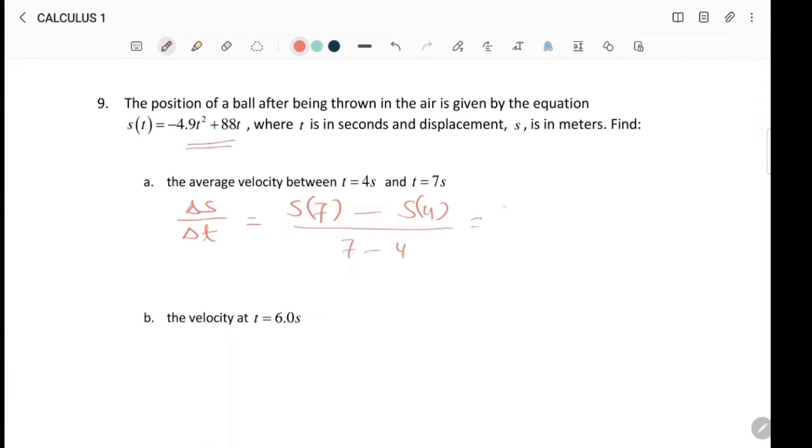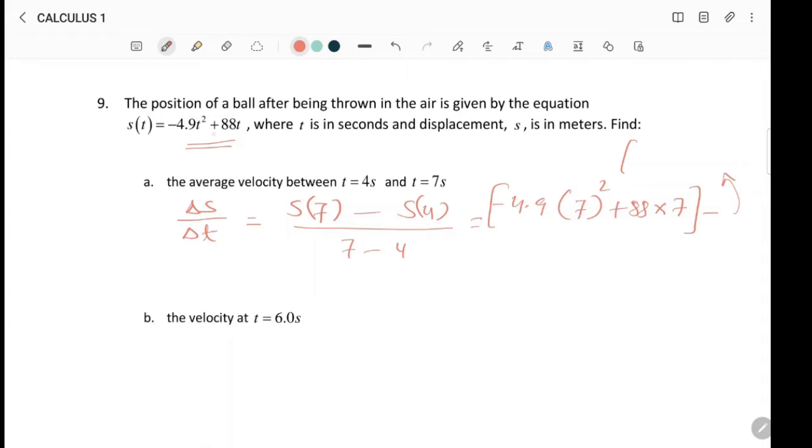For S7, put 7 in this. So minus 4.9 times 7 squared plus 88 times 7. Okay, this is S7 minus, I don't have space, so I'm writing here.